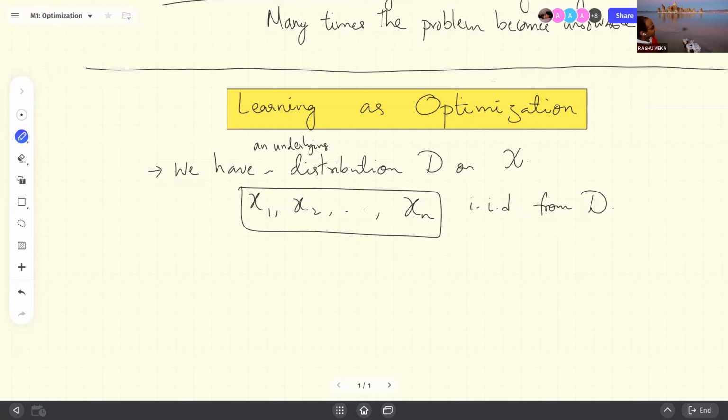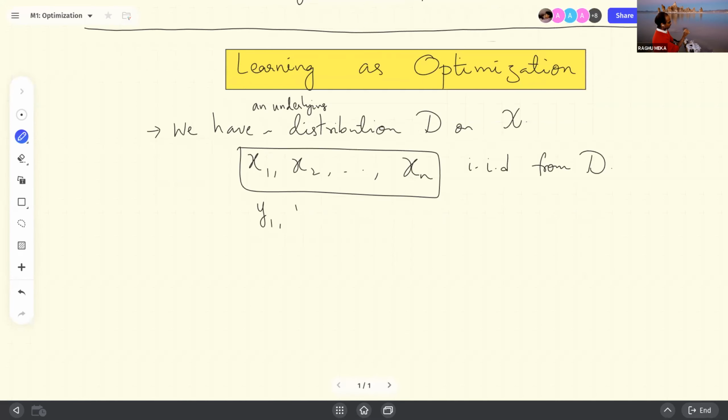So we have this sample so far, right? And we also have these labels, which we are assuming are coming from f star of xi. In the setup that we discussed so far, the labels were exactly f star of xi, right?